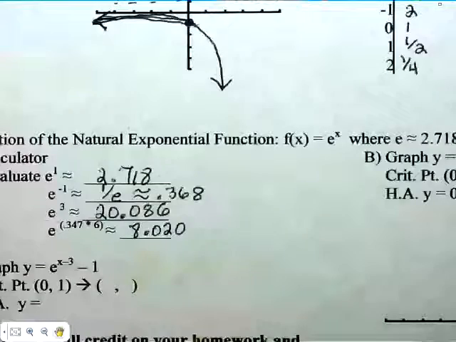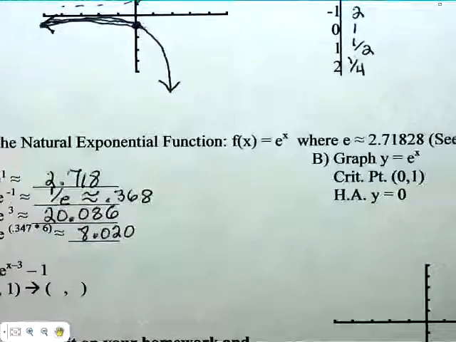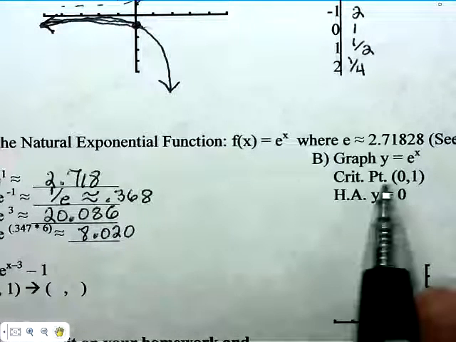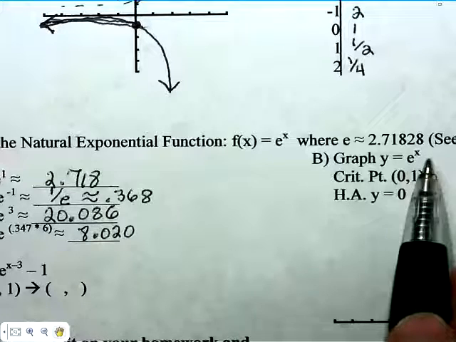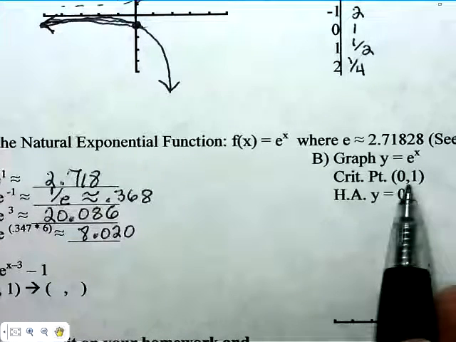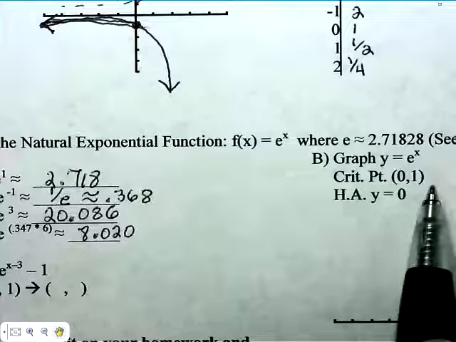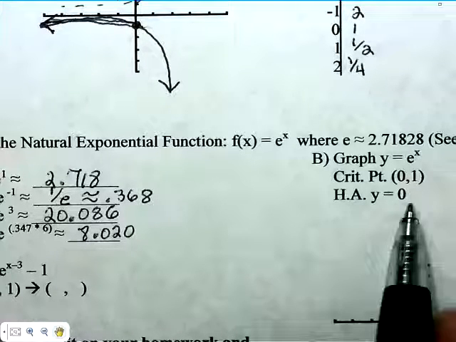What about the graph of y equals e to the x? If we let x be 0, what is e to the 0? Anything to the 0 is 1. So this graph has the same critical point, (0, 1). It has a horizontal asymptote.